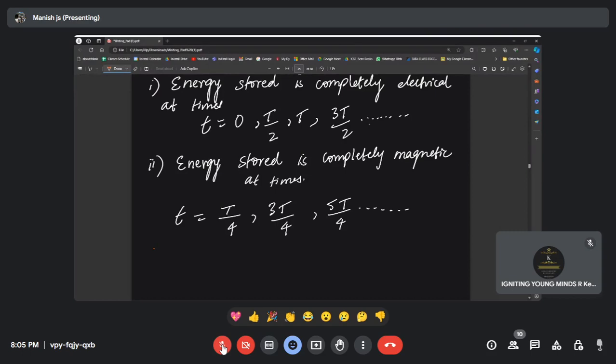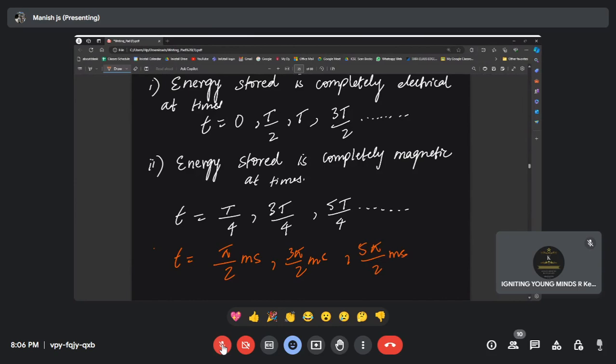When you substitute there, you will get t is equal to pi by 2 milliseconds, then 3 pi by 2 milliseconds, then 5 pi by 2 milliseconds.